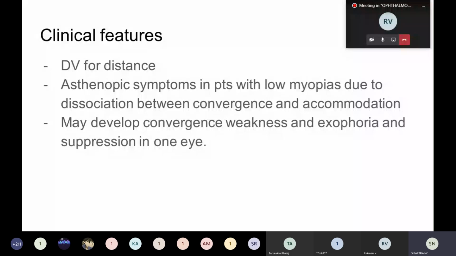They may also develop convergence weakness, exophoria and suppression of an eye. Later the patient may develop exophoria or suppression, meaning constant usage of one eye while the other eye is not used. There will be suppression, and the patient may go on to amblyopia and squint also.